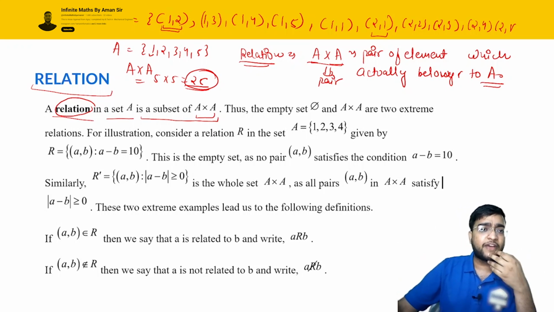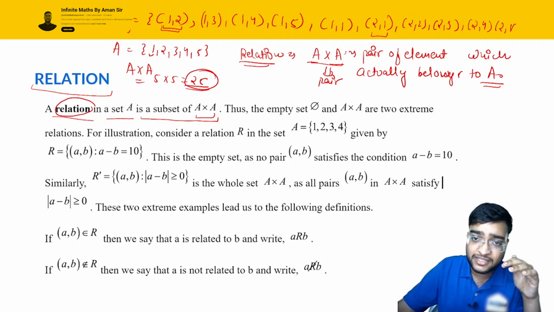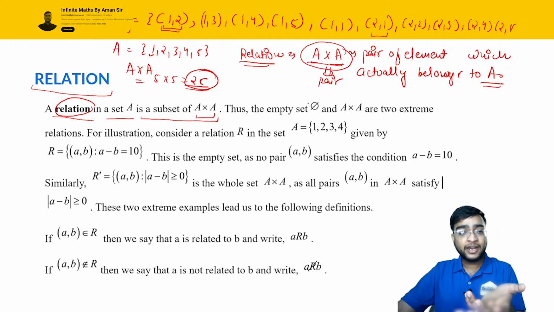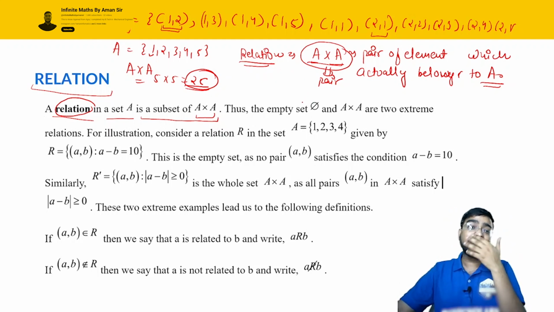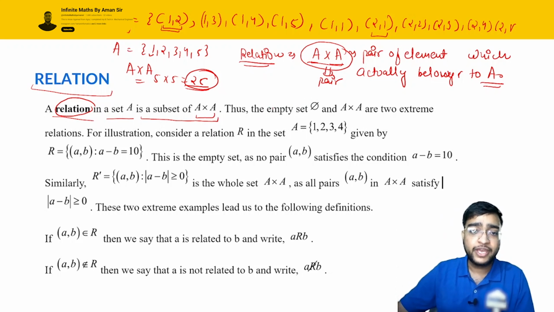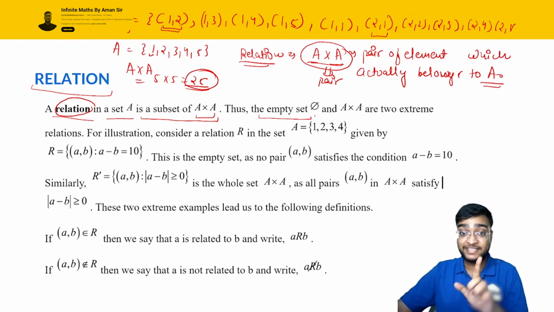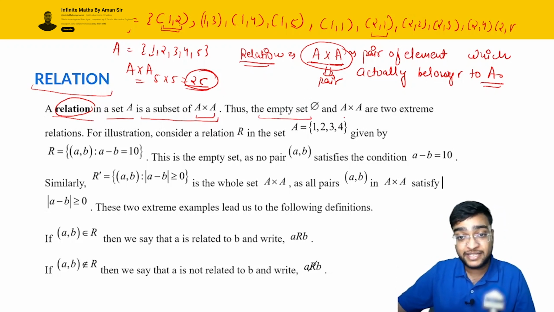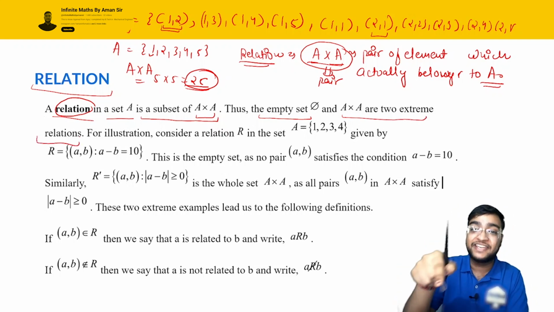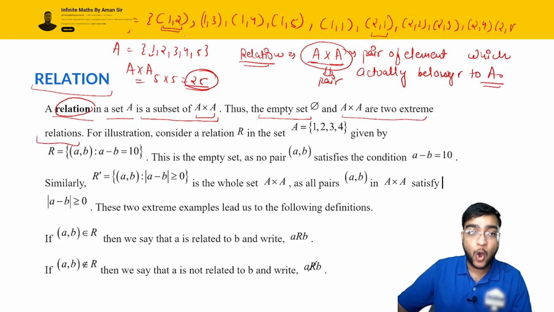So sir, why are you giving this relation here? I am taking that this relation is A cross A, that's all. If I take more conditions here, then the relation must be some other relation. Okay, no problem. Does the empty set and A cross A are the two extreme relations?